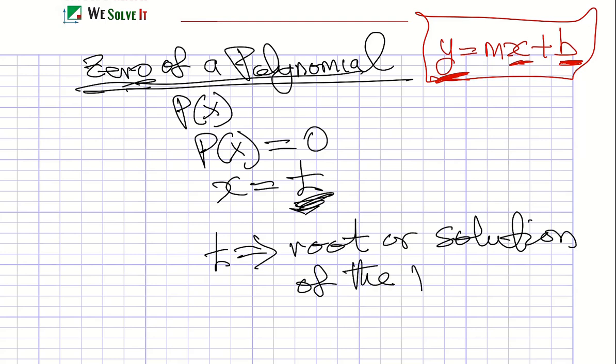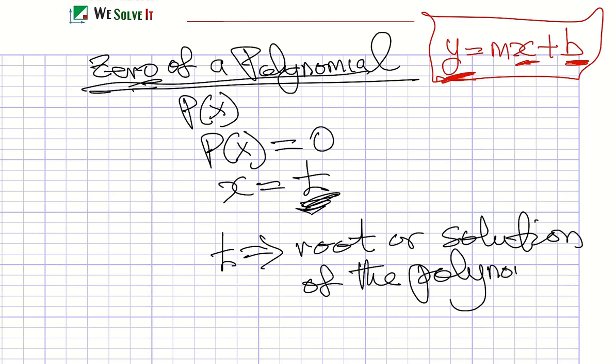Sometimes it may not be one. It may be a couple of them, maybe a couple of t's: t1, t2, t3. So t is called the root or the solution of the polynomial. You find t by taking the polynomial, equating it to 0 and then solving. I wanted to make sure you get that.